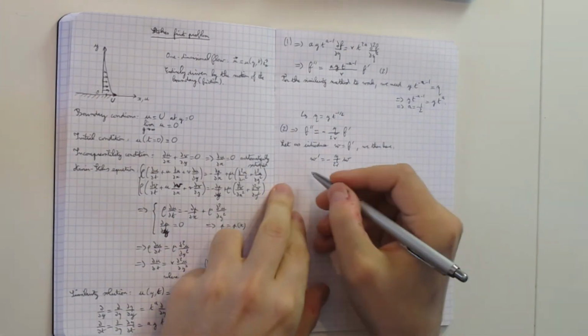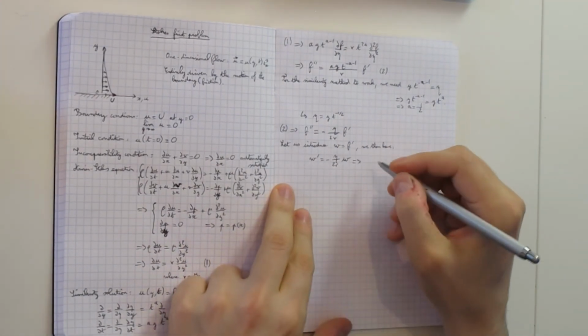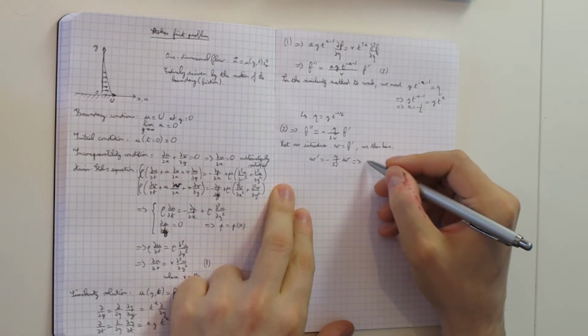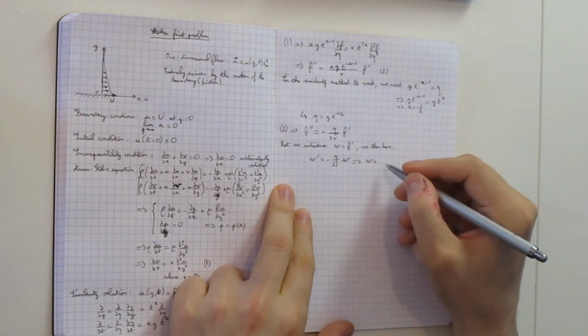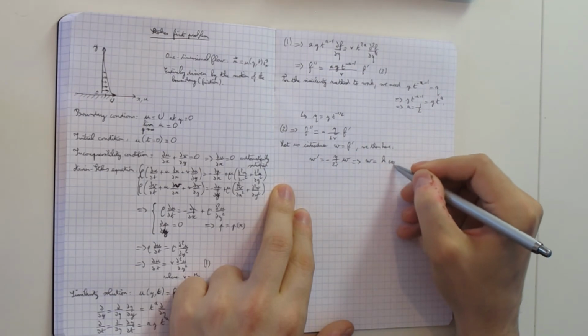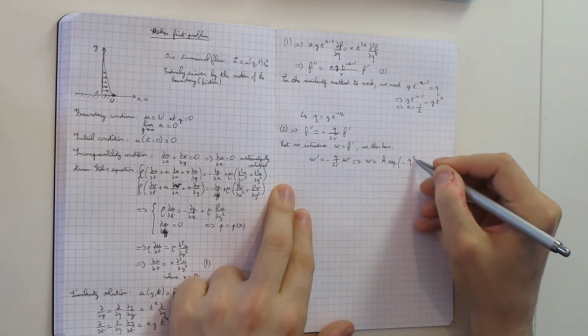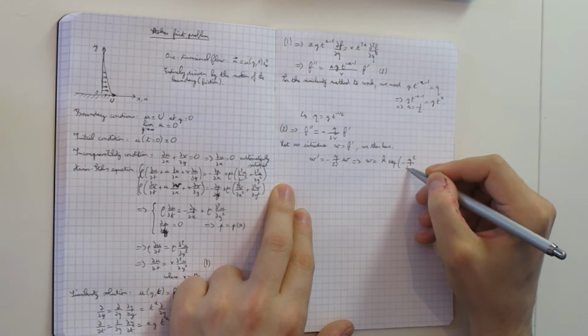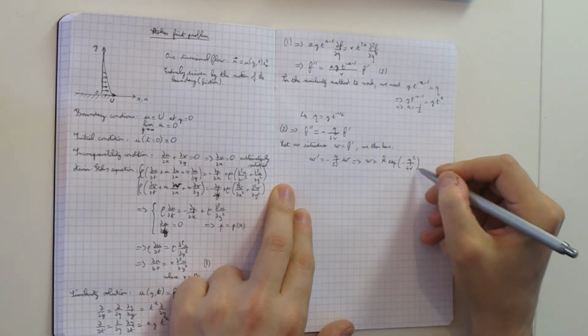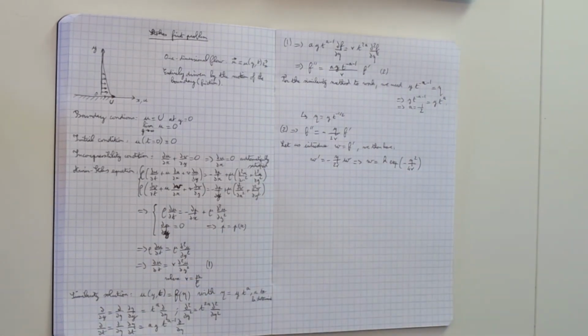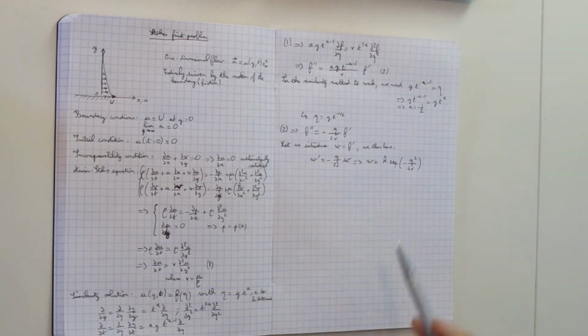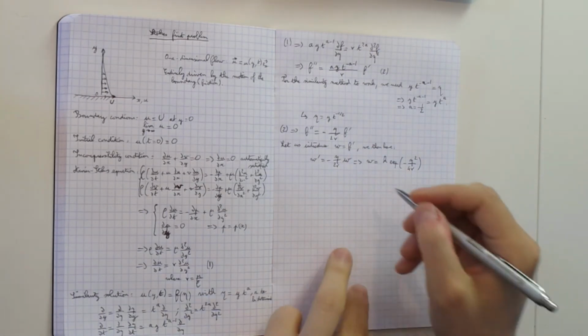Well, that's easily integrated into w equals a constant of integration times the exponential of minus eta squared over 4 nu. Okay, so this is our first line of integration. And remember that w is f prime, so we need to integrate this further to get back to f.